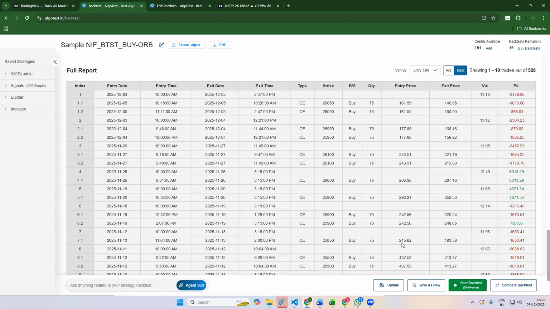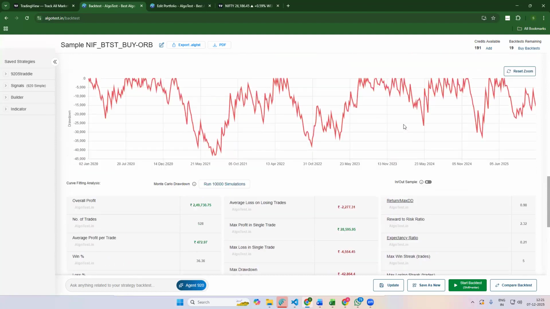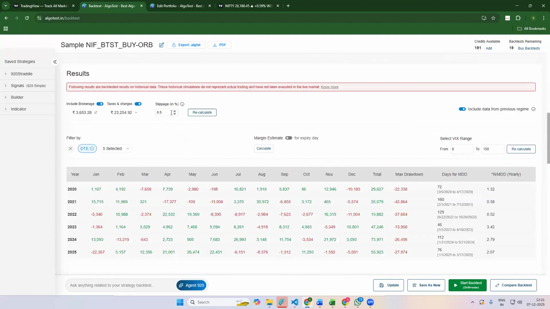So if you see over here, our average premium is close to 160, 170, and 200, right? If I say 1% of 160, it becomes 1 rupee 60 paisa. And Nifty ATMs are very much liquid, so 1 rupee 60 paisa will be too much, right?